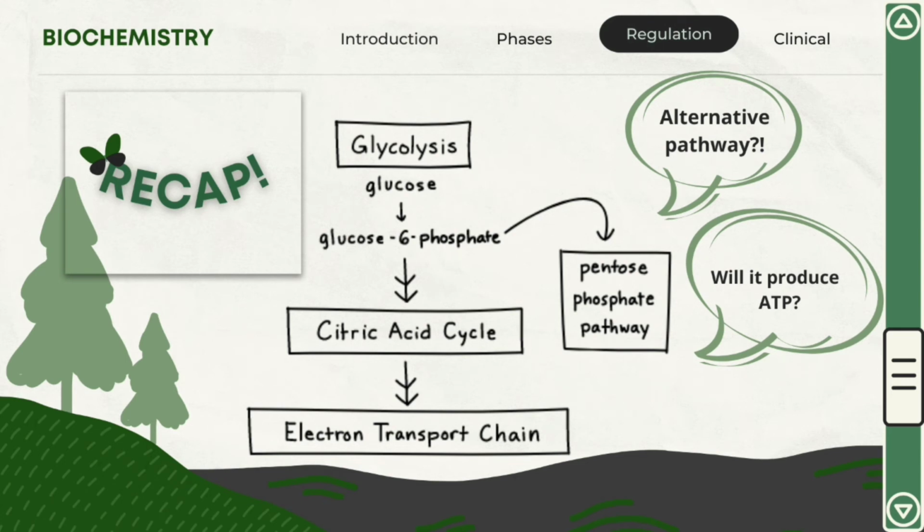So while the products of glycolysis are sent through the remainder of cellular respiration to produce energy, or before we go through the citric acid cycle, an arrow pointing to the pentose phosphate pathway can be seen in the diagram. Am I right? Okay, so what is this pathway? Is this still a part of the cellular respiration process, or does this route result in the generation of more ATP?